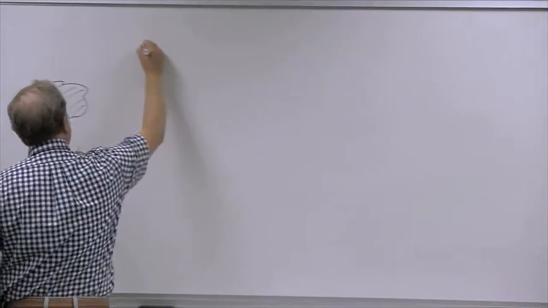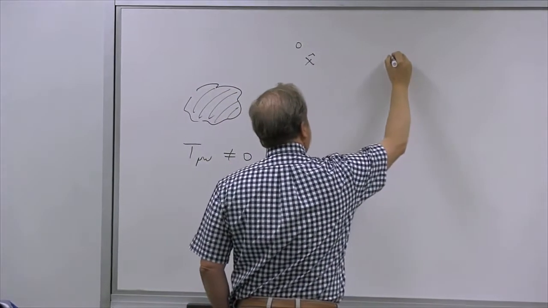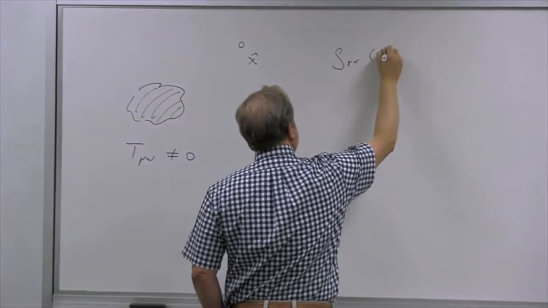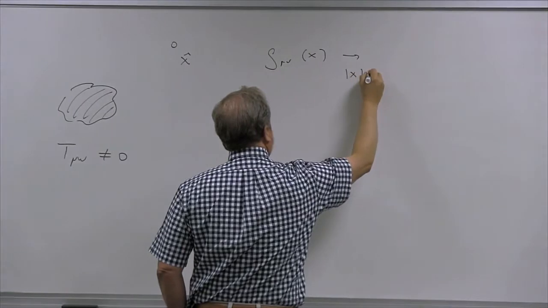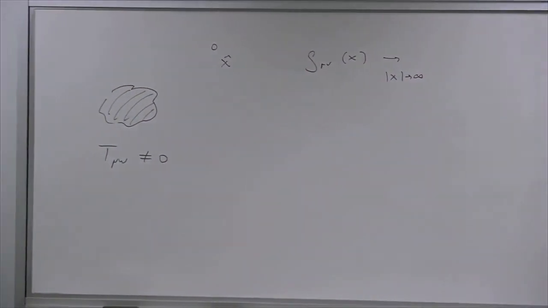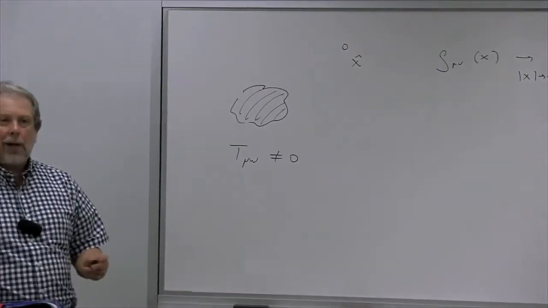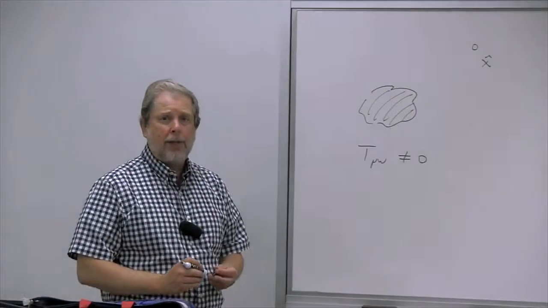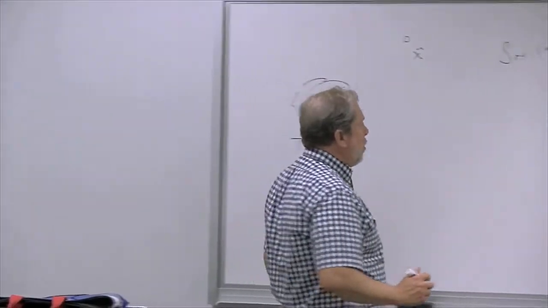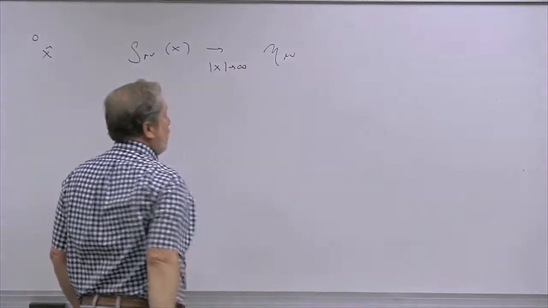So we are at some point here, which is called x, and we assume that the metric g_{mu nu}(x), as x goes to infinity, becomes flat. So we're basically thinking of a universe that's empty, with nothing in it except for that mass distribution at some point. So g_{mu nu}, as x goes to infinity, just turns into eta_{mu nu}, which is a flat metric.